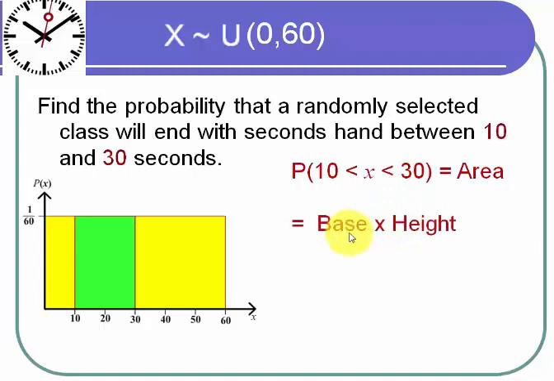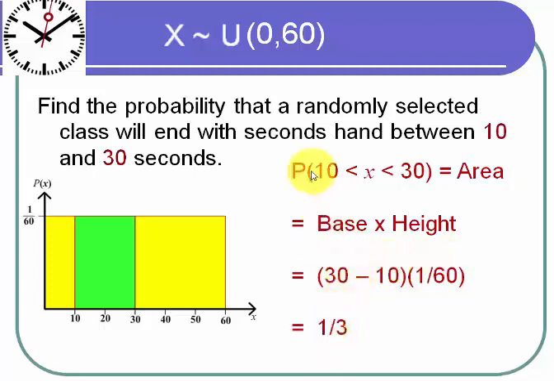And areas of rectangles are, again, the base times the height. The base of this rectangle is 30 minus 10. And the height of the rectangle, we've already found, was 1 over 60. And now we just do the arithmetic. 30 minus 10 times 1 over 60. 30 minus 10 is 20. 20 divided by 60 is the same as 2 over 6, which is 1/3.